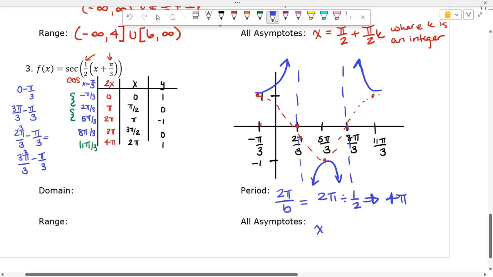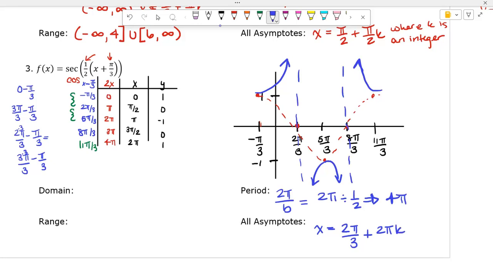So my asymptotes are going to be x equals, what's my first asymptote? 2 pi over 3. And then I'm going to add half of my period. Well, my period is 4 pi, so I'm going to add 2 pi k, where k is an integer.